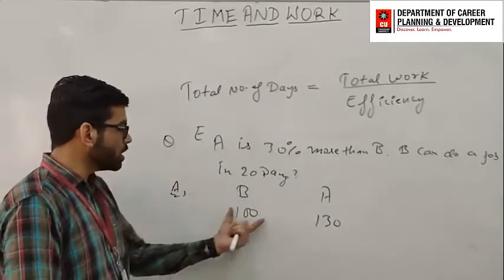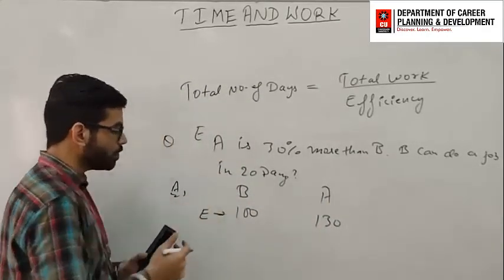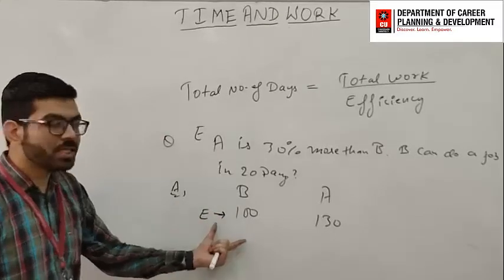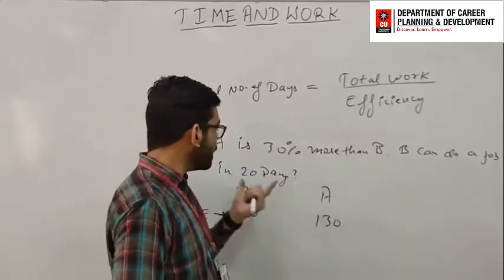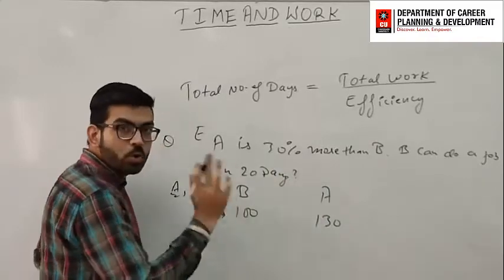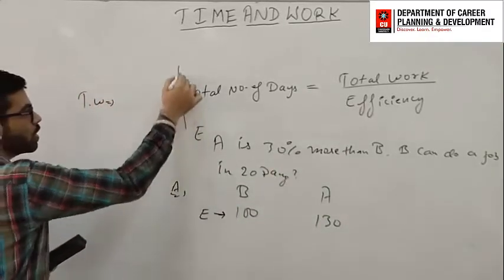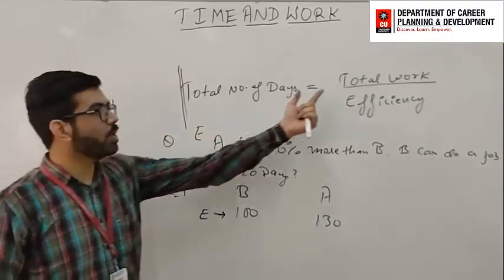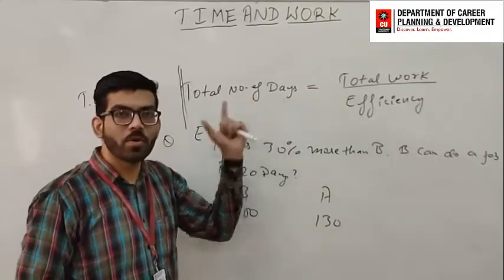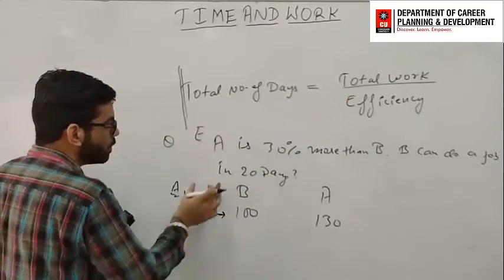Now, as per the question, B can do the job in 20 days. So the total work, TW, is equal to efficiency multiplied by the number of days, or time.